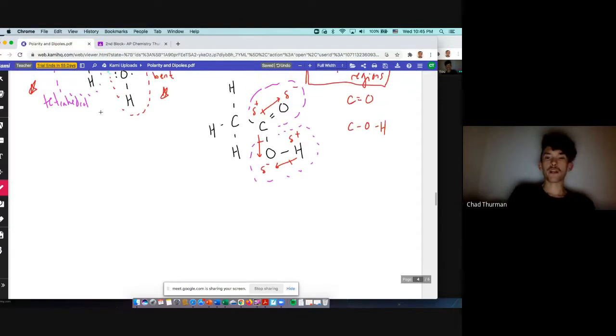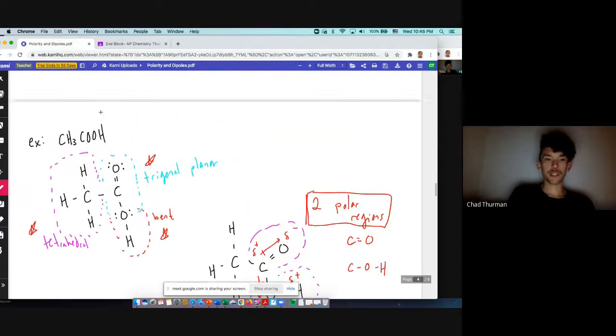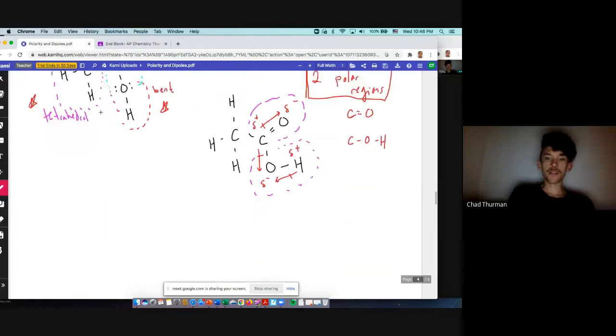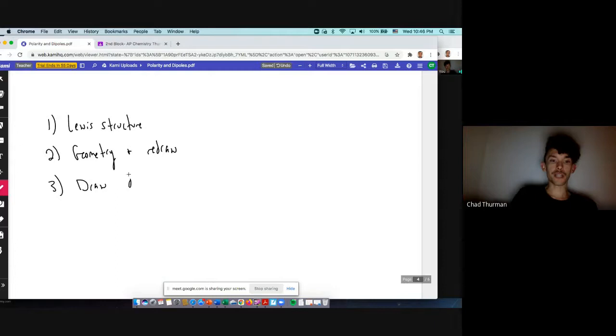Okay. I think those are all the important examples I need to go over with you. So here's the steps for just figuring out if a molecule is polar or not. One, you need to draw the Lewis structure. Two, you need to determine the molecular geometry, and you need to redraw it according to that geometry. Three, you need to draw dipole arrows if you can.